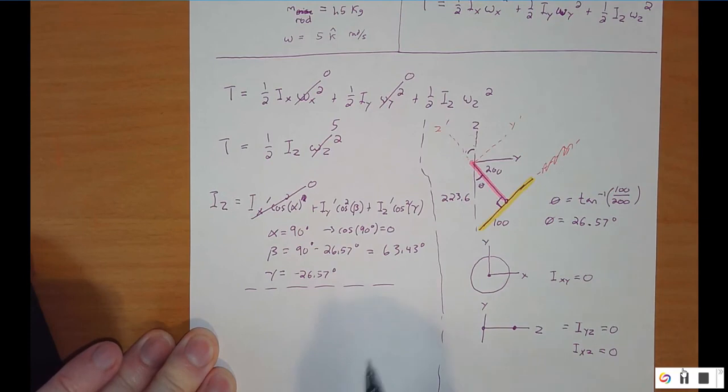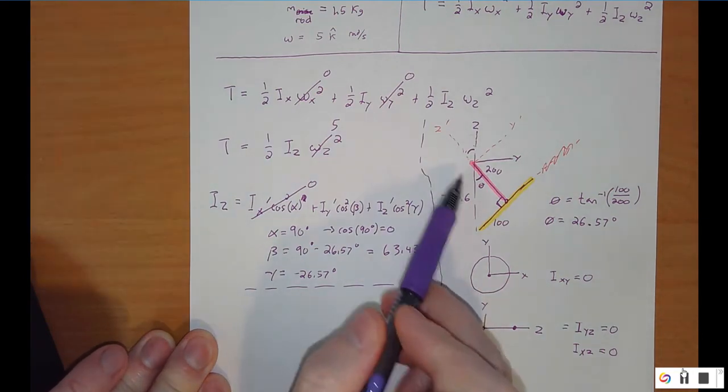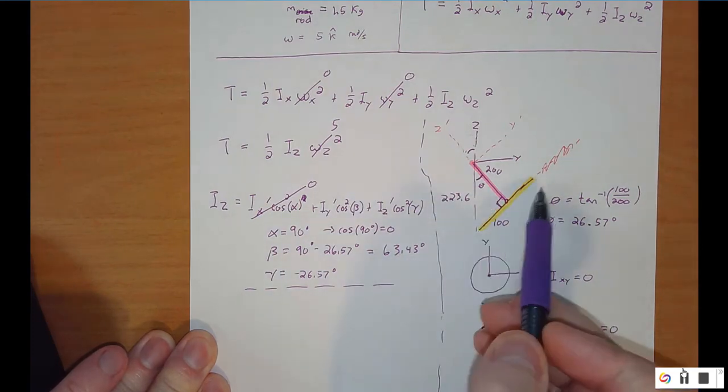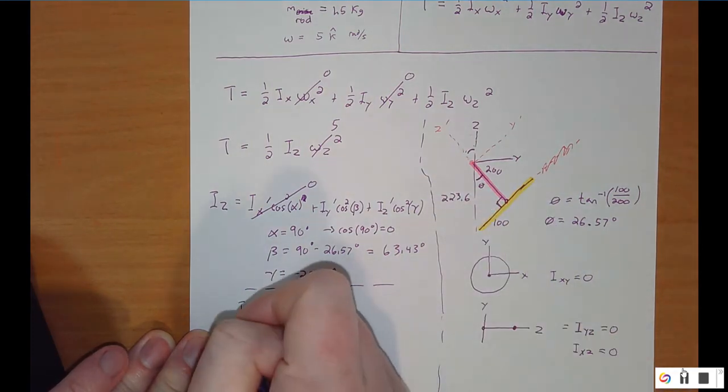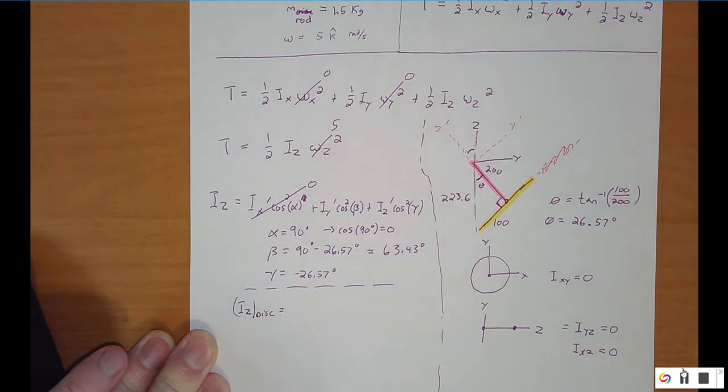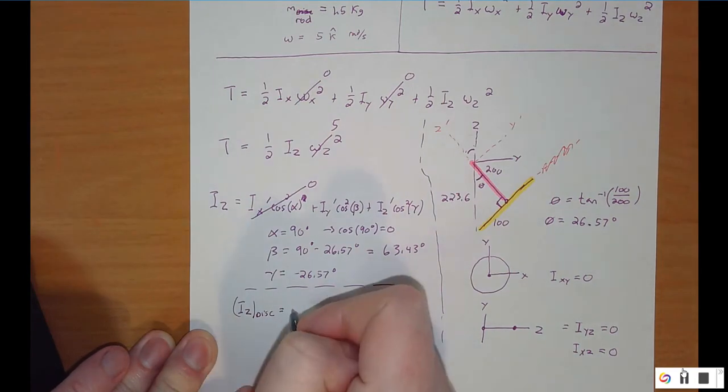So for the z-axis, this is a slender rod. It will have no inertia about the axis it's on. So it's just the disk. So IZ for our disk will be 1/2 mass radius squared.